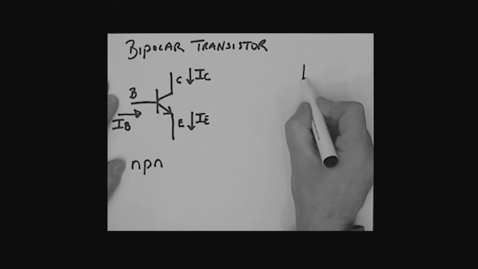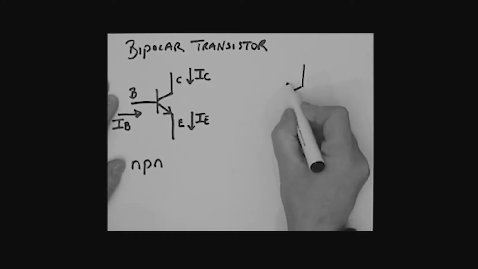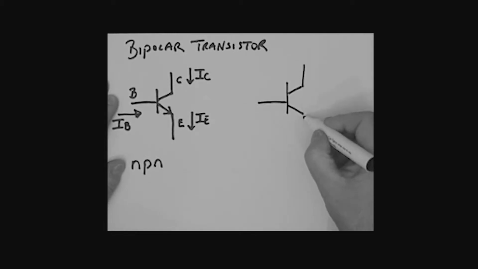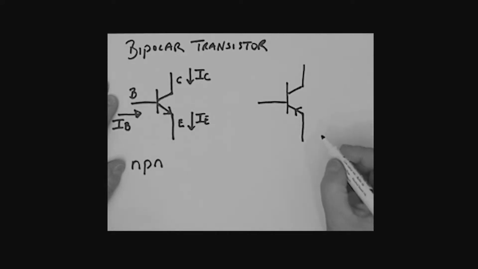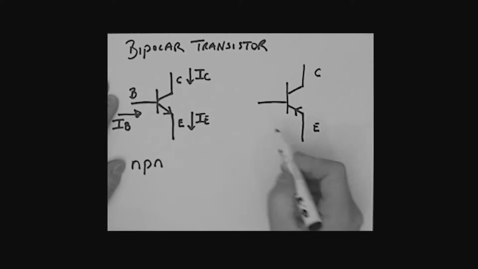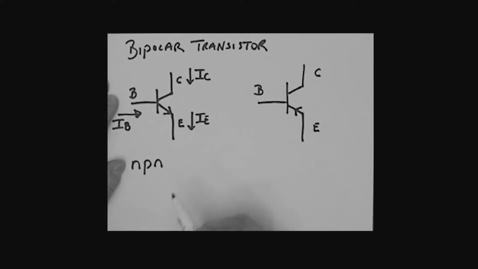All right, let's show the PNP transistor. Down like so, like so. It's our symbol. All right, this time this little arrow is pointing in on that emitter lead. All right, this is the collector, this is the emitter, and this is the base. Okay, let's show you the current directions. This is the emitter current, IE. This is the collector current, which is IC.